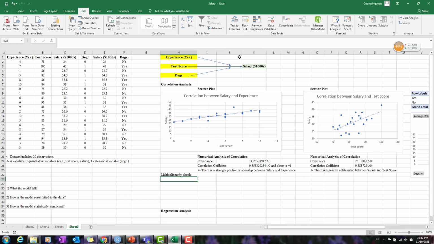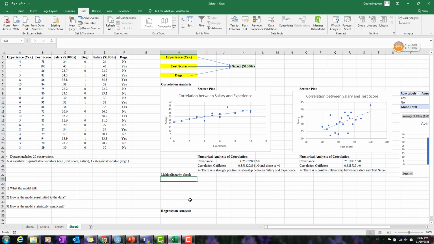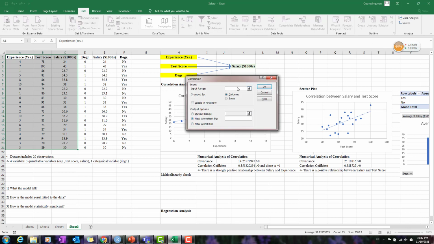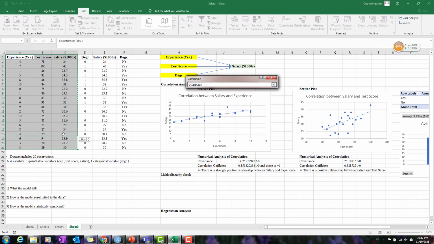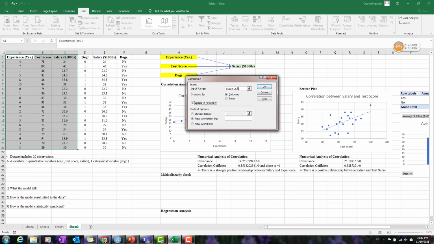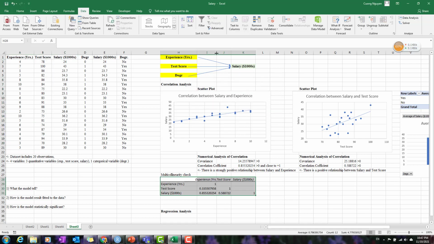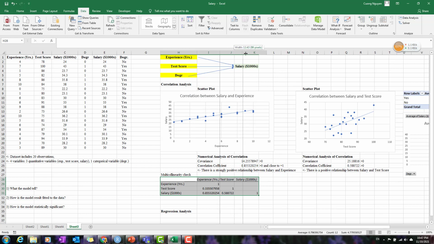So we do the analysis for the quantitative variables in the model, choose correlation and click OK, and input the data. Check labels in the first row, to make clear that the first row is not data but the names of the variables, and choose the output range right over here. Let's click OK, and it will read the data.